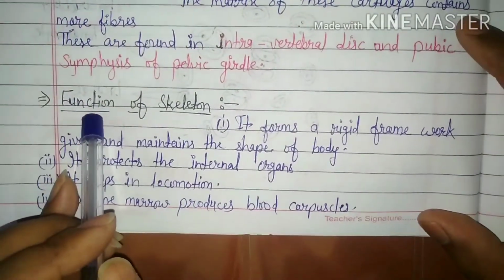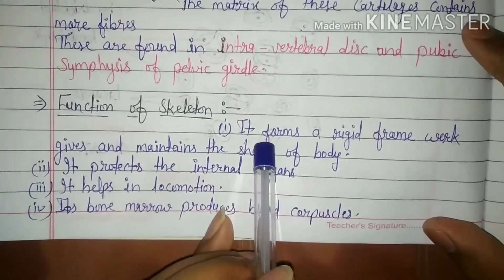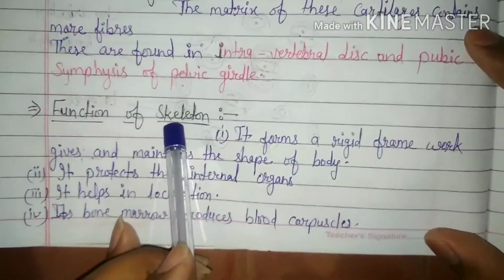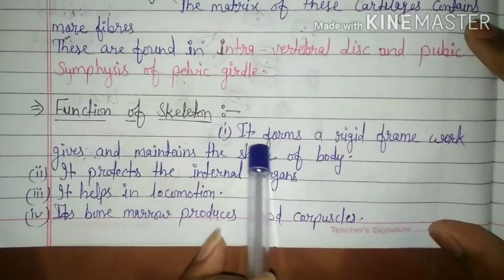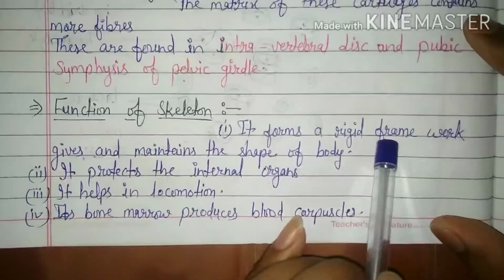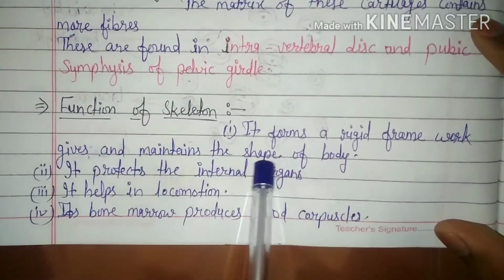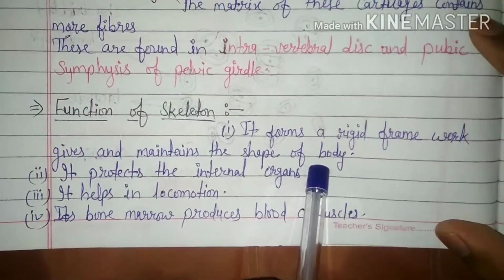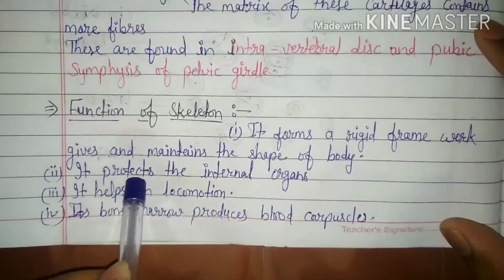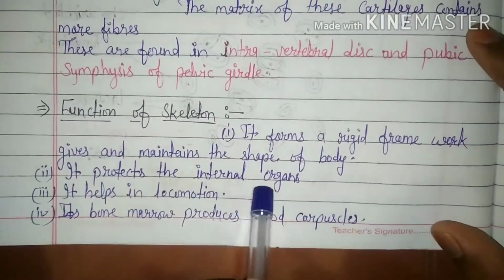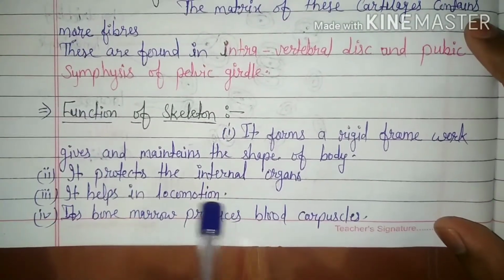Now we will talk about the functions of the skeleton. The skeleton system has many functions. First, it provides a rigid framework, and gives and maintains the shape of the body. Second, the skeleton protects the internal organs, for example brain, heart, lungs.